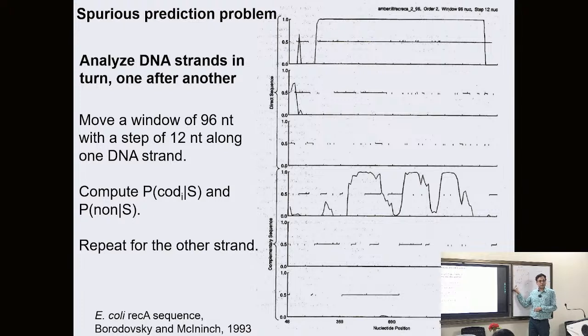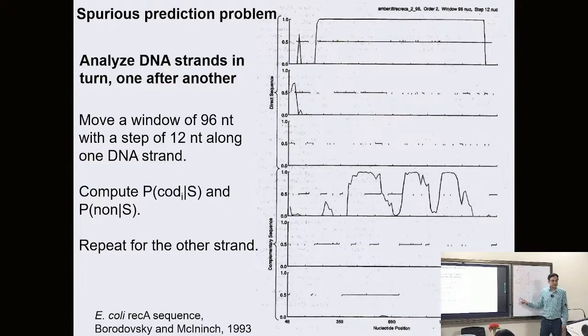Purine is A or G, and its complement is C or T. So this C T is Y, this is N, and this is R, and this is 5 prime and this is 3 prime. I should erase these, otherwise it's confusing. Now you have to read in this direction, so you will read R and Y.